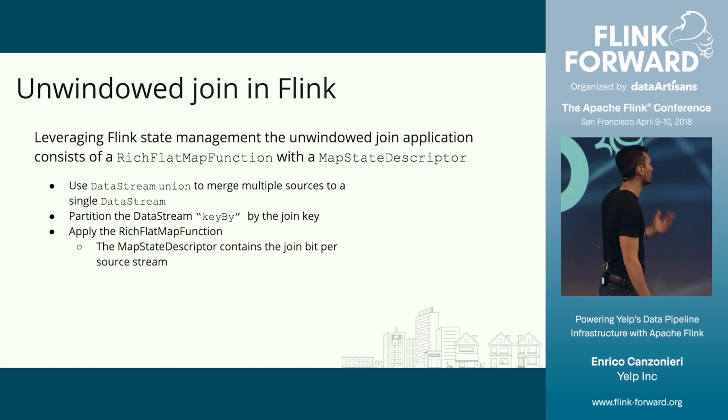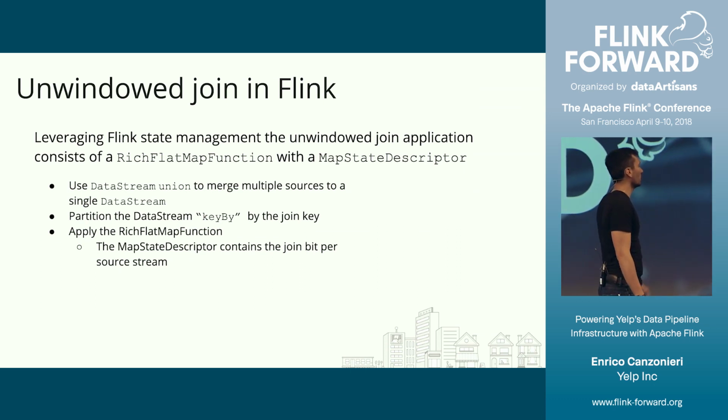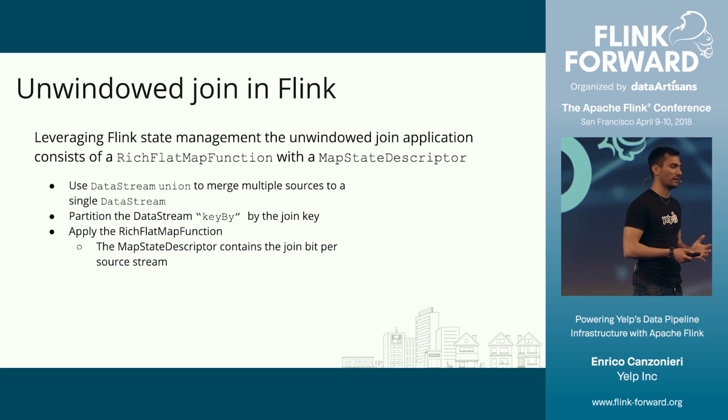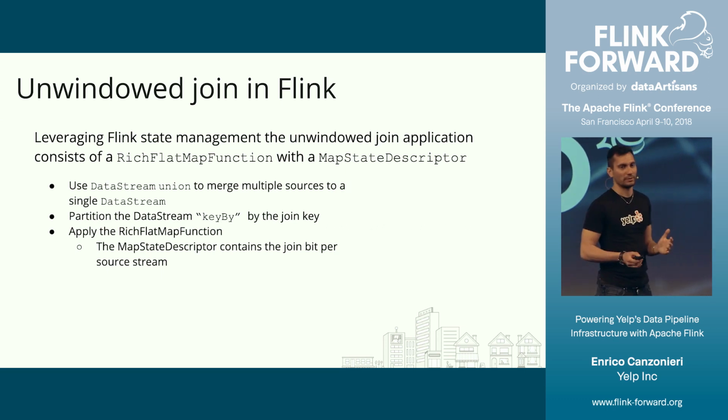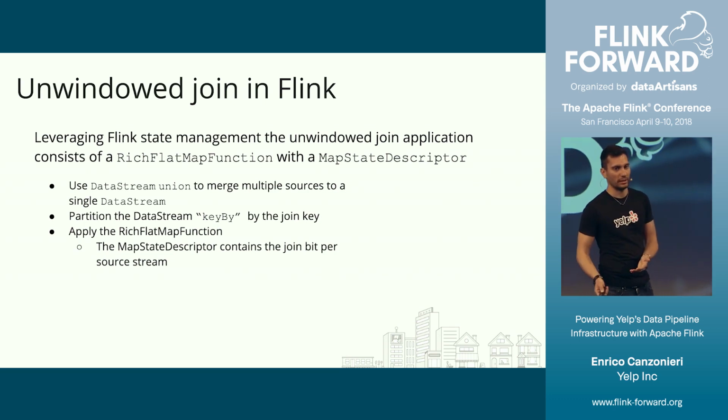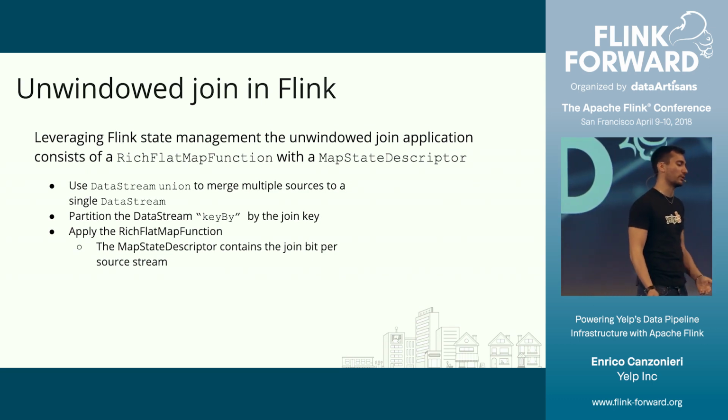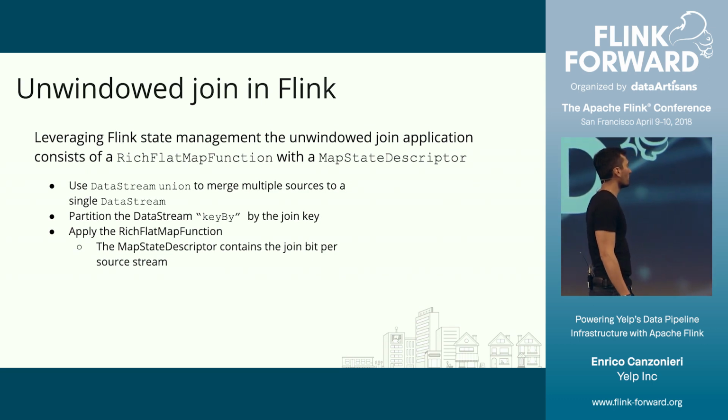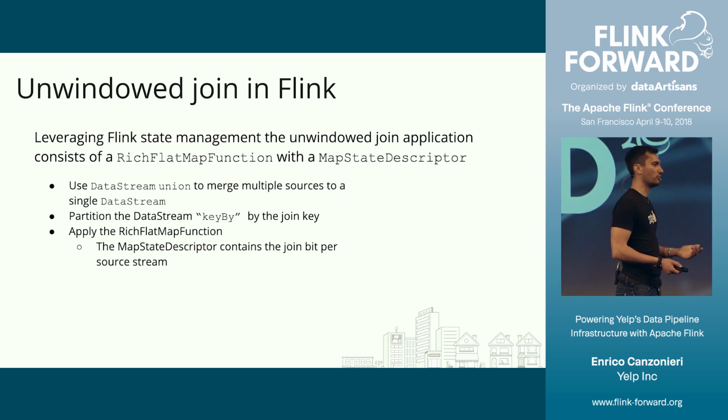It's probably the simplest, I believe, because in the end, we leverage the operations over data streams. The union operator allows you to merge together a bunch of data streams and provide that as a unique data stream to the downstream operators. So once we union the data streams, we use keyBy to key based on the join key.